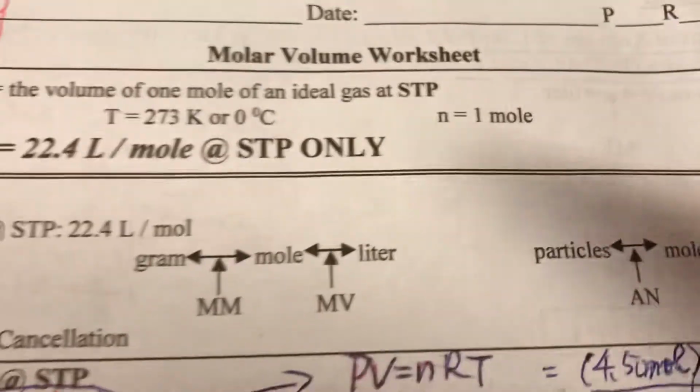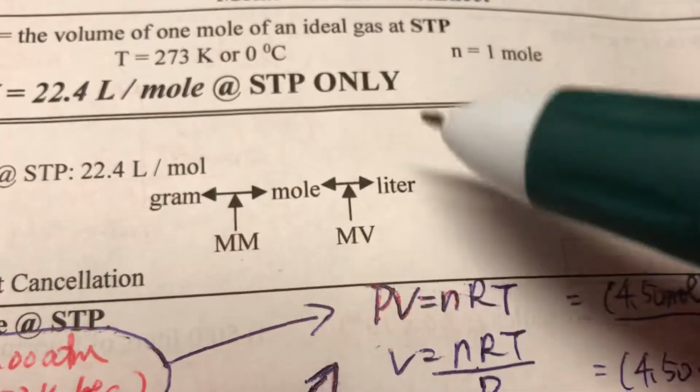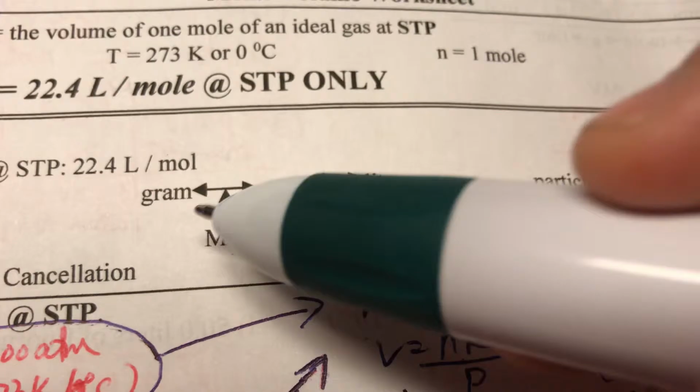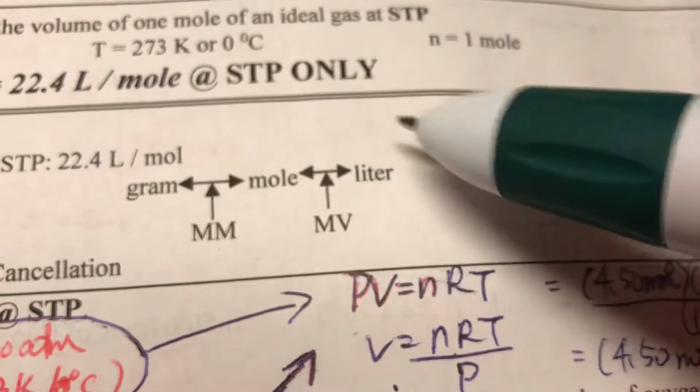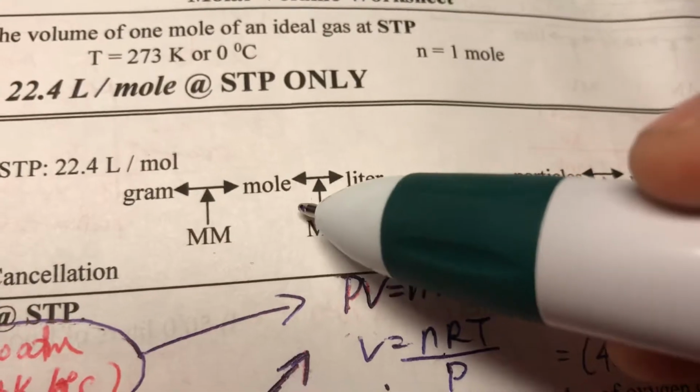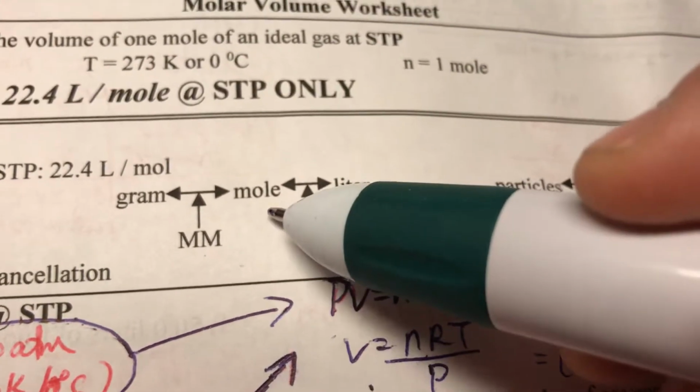And if a question goes from gram to liter, or I give you liter and you're looking for gram, there's no single step to go from gram to liter. So what must be in the middle? Just like in stoichiometry, what must be in the middle is mole.